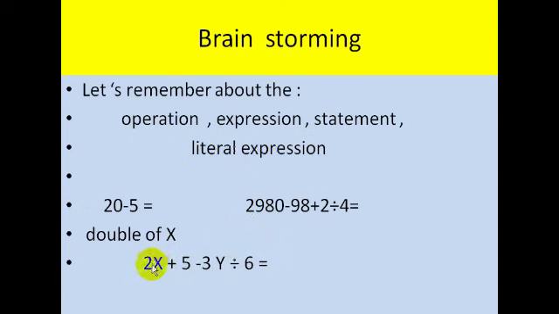It means we have more than two operations, plus, minus, division, and we also have letters x, y inside it. So that's the operation, the expression, the statement, and the literal expression.